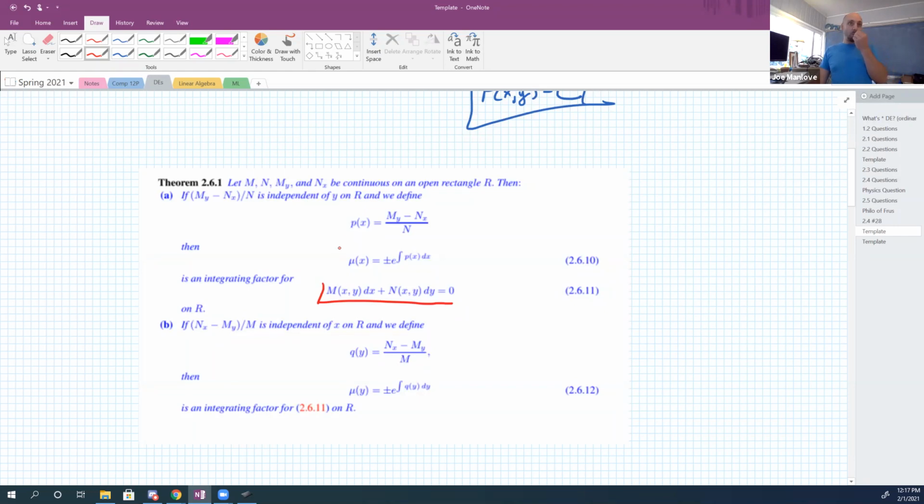Now, why this is the case is a little bit tough, but it turns out to be the product rule that makes this work.